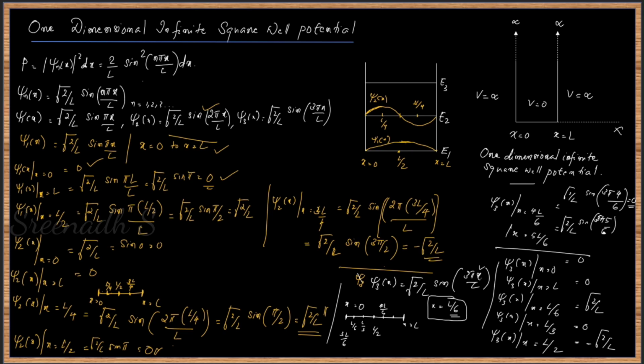So sin 5 pi by 2 is plus 1, and the value is square root of 2 by L. This is the way we can find the value of psi 3 at different points from x equal to 0 to x equal to L.